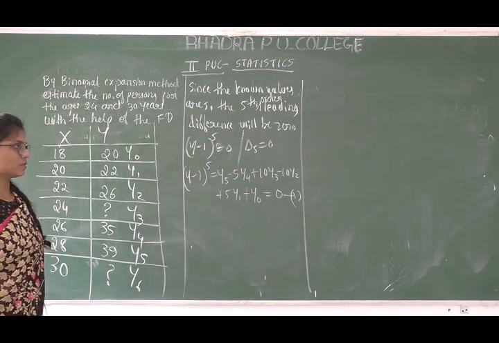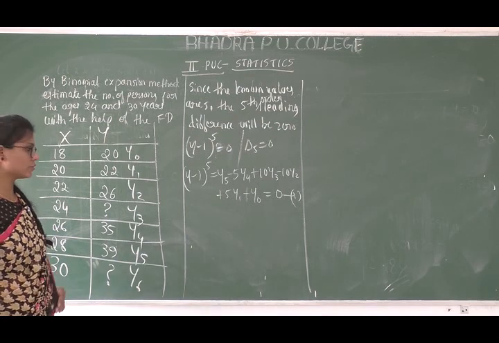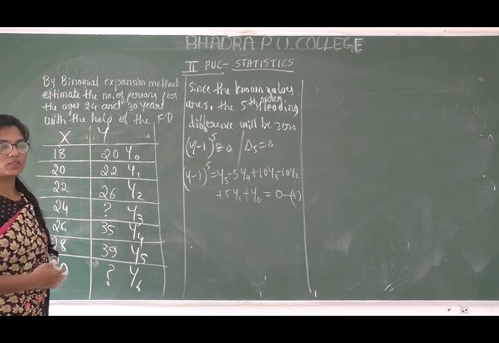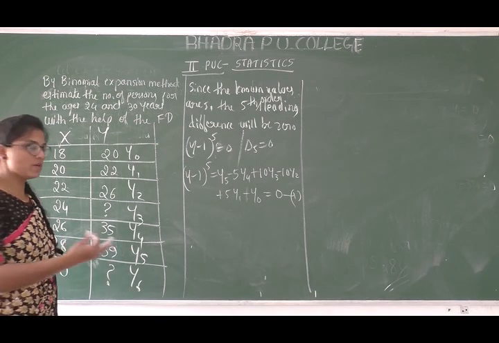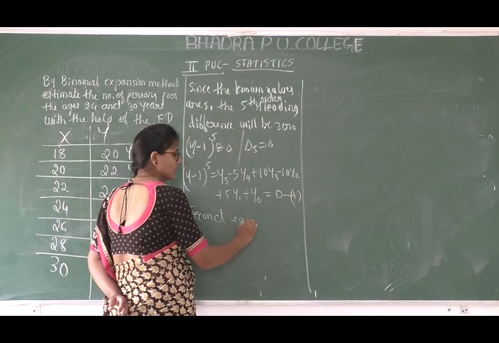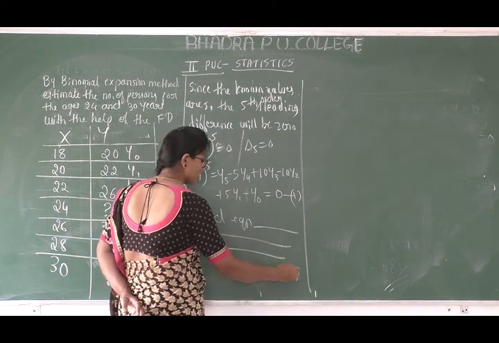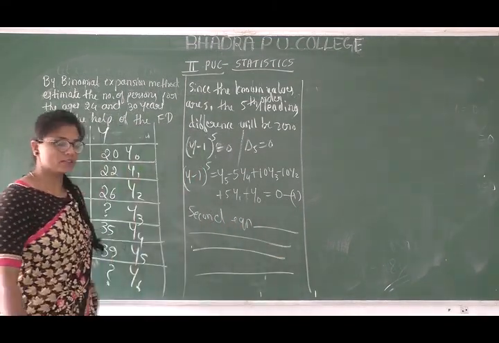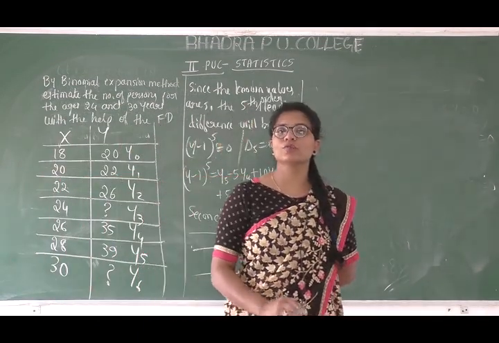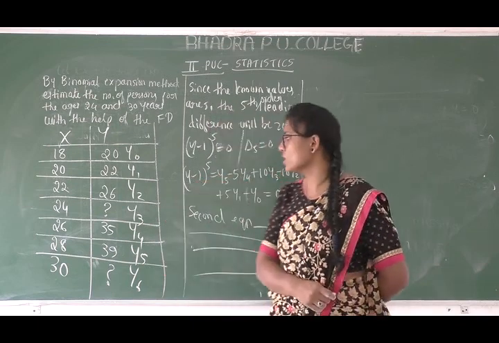Okay? So next one is the second equation. It can be obtained by increasing the suffixes of each term of y and keeping the coefficient the same. Write the second equation.